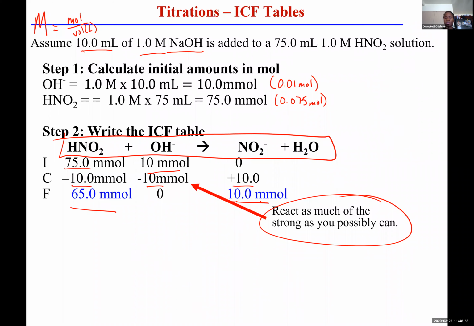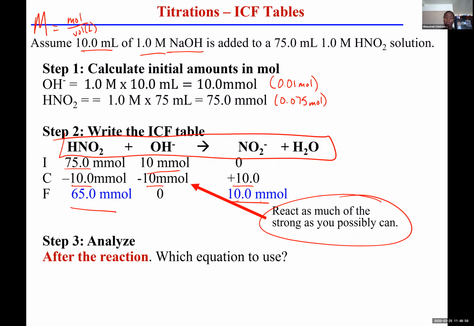In this case, the third step is to figure out what you have. I'm left with HNO2 and NO2 minus. What kind of solution is this? What kind of reaction happened? What am I left with? This is a buffer solution. And so what equation are you going to be using?